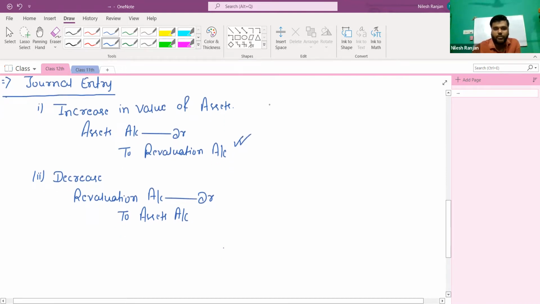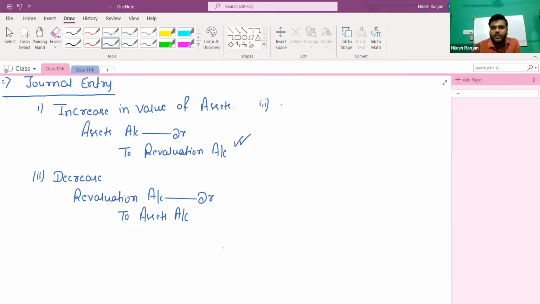Now, if we talk about liabilities and there is an increase in liabilities, increase in value of liabilities, then it is our loss. If our liability increases, it is our loss. That's why revaluation account is on the debit side. Revaluation account debit to liabilities account.